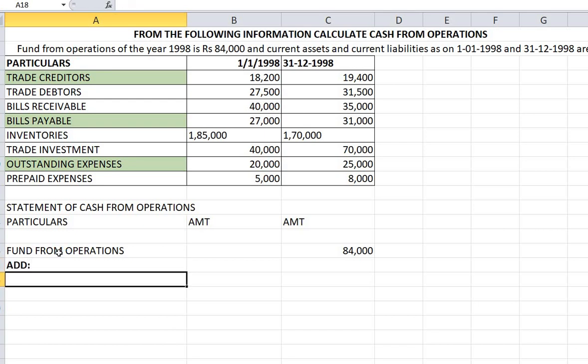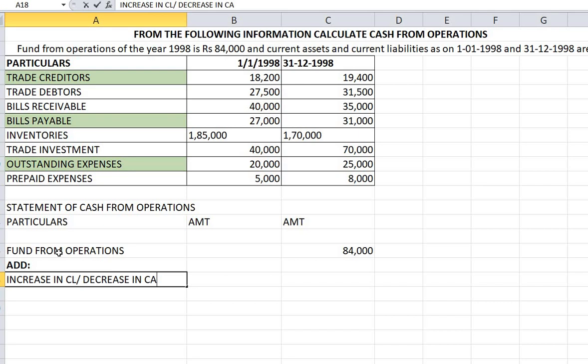First thing is you're going to add increase in current liability, or CL, or decrease in current asset.